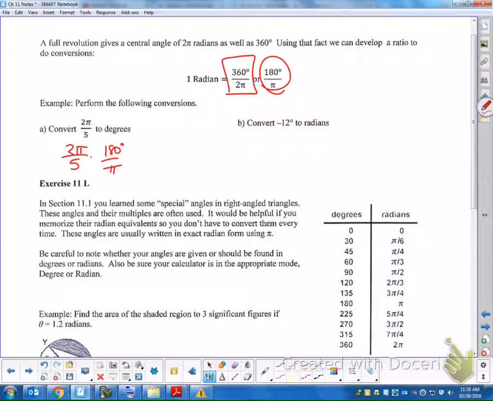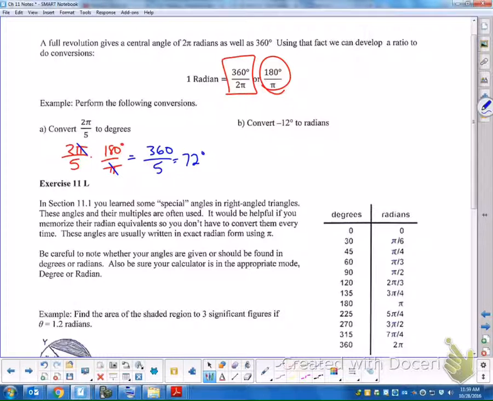We're going to multiply straight across. My pi's are going to cancel out. I'm going to keep that unit of degrees. Okay, so pi cancels out here, cancels out there. You might even want to cross simplify a little bit with the 5 and the 180. That's up to you. I can also just multiply straight across here. I get 360 over 5, and I get 72 degrees.